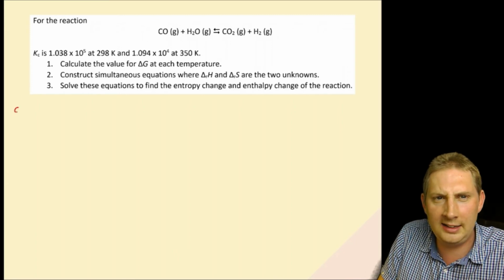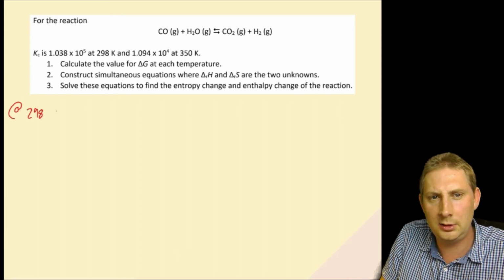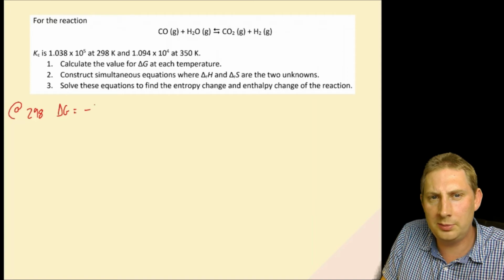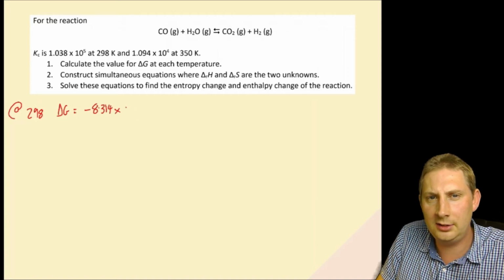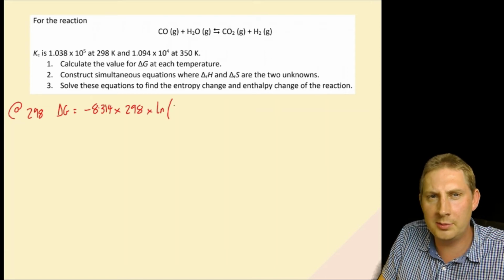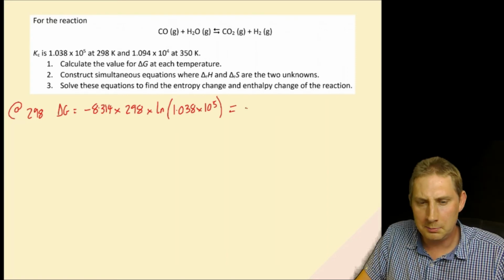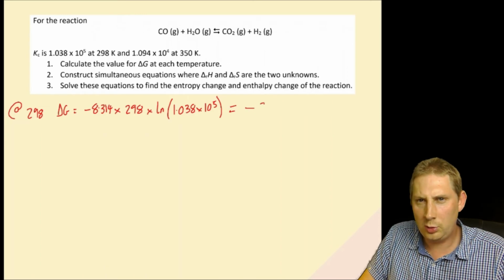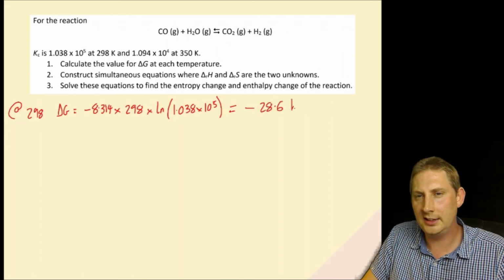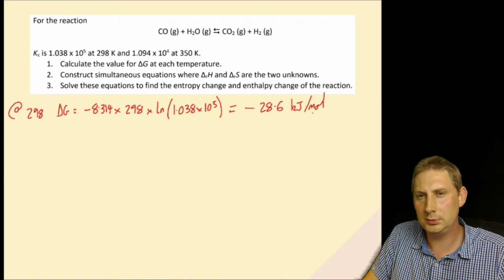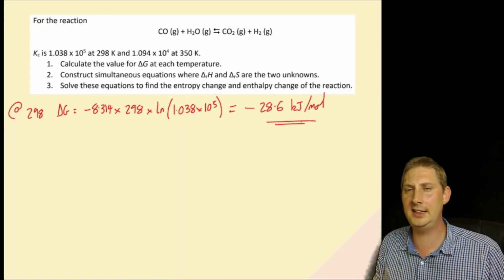Okay, so at 298, delta G equals minus R, 8.314, times T, 298, times the natural logarithm of the equilibrium constant, 1.038 times 10 to the 5. And that equals minus 28.6 kilojoules per mole.